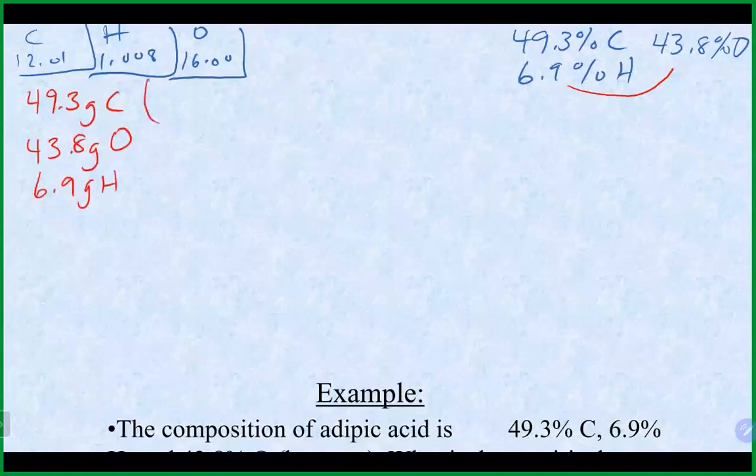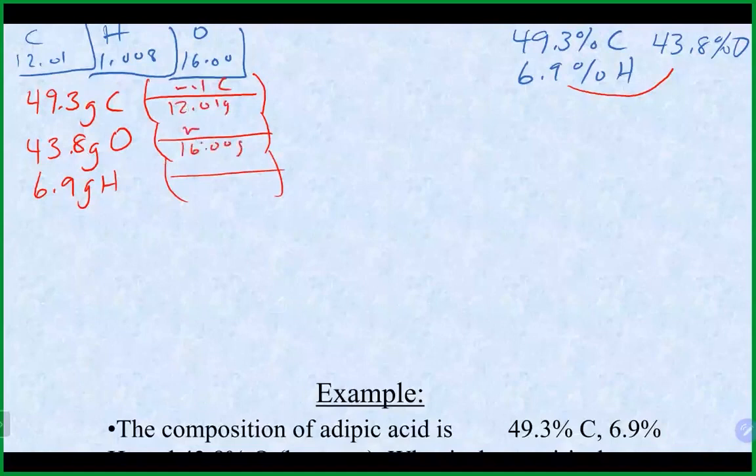Next, we use the molar mass from the periodic table to convert each of these into moles: 12.01 grams per mole of carbon, 16 grams per mole of oxygen, and 1.008 grams per mole of hydrogen.